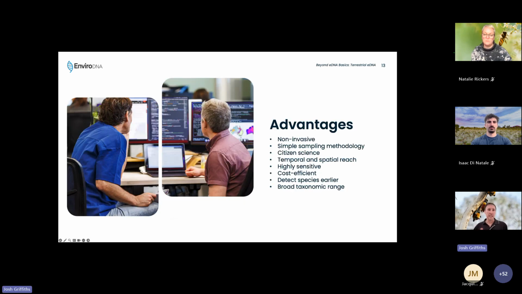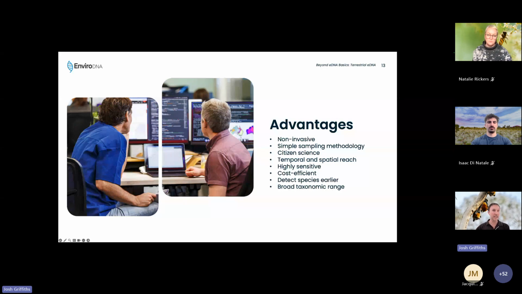So some of the advantages of eDNA, of course, as wildlife ecologists, we always want to minimise our disturbance to animals or the environment. So being a non-invasive technique is really important. We don't need to see, capture, disturb our species of interest.